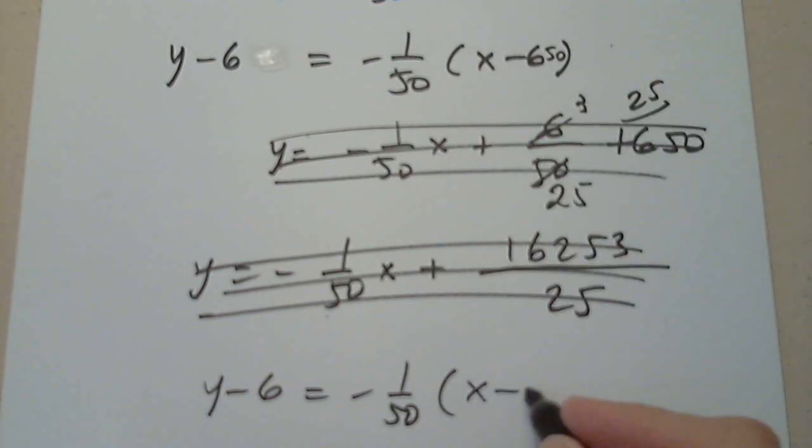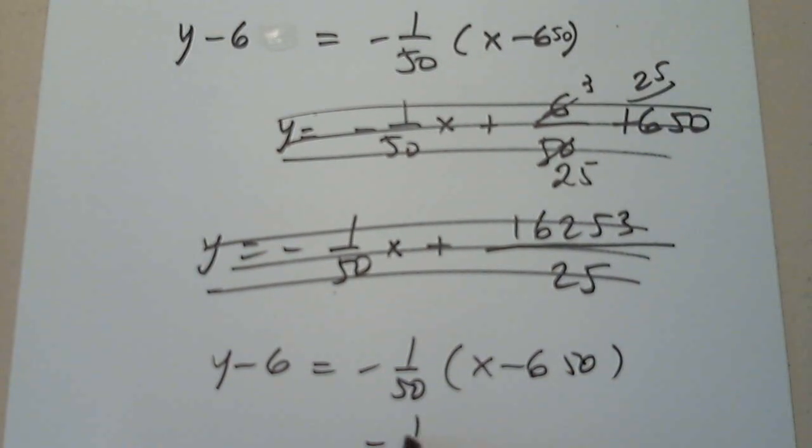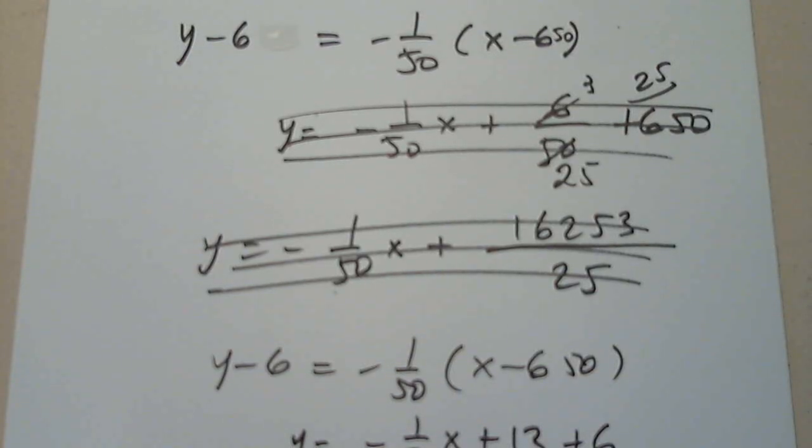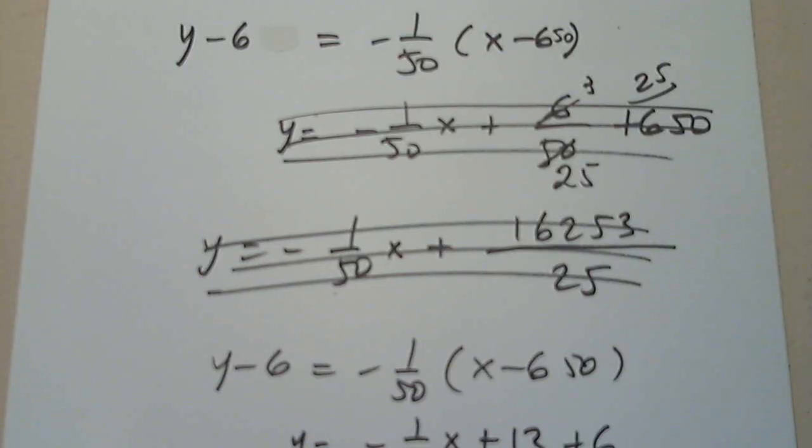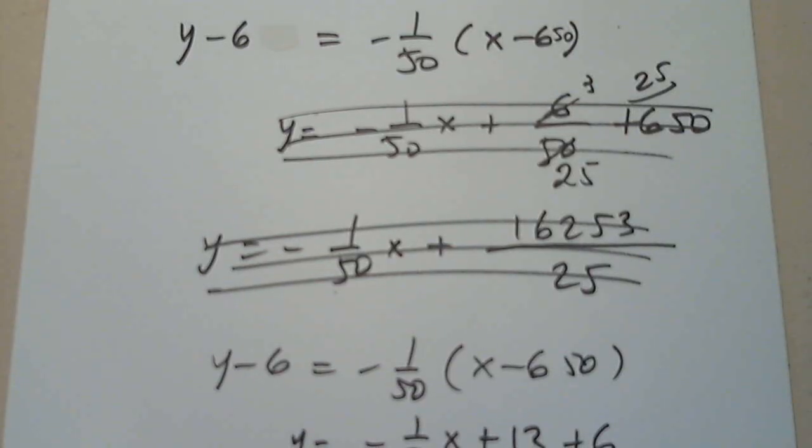I'll copy that. X minus 650. So negative 150x and plus 13 and then plus 6. So y equals negative 1 over 50 x plus 19. Yes, I should have written the ordered pairs so I don't switch them. Good. So this is correct, but not this.